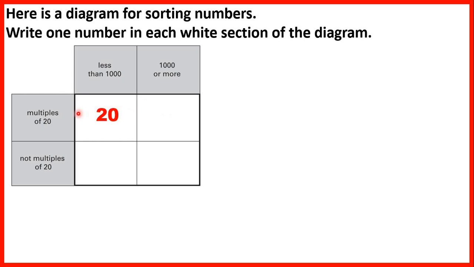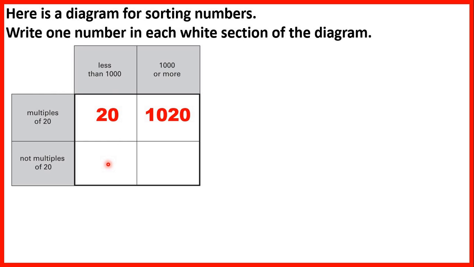Now we need a multiple of 20 that's 1000 or more. So we could have 1020, because if we count up in 20s, the ones digit will always be a 0, and then the tens digit will be 2, 4, 6, 8, or 0. So we could also have 1040, 1060, and so on.